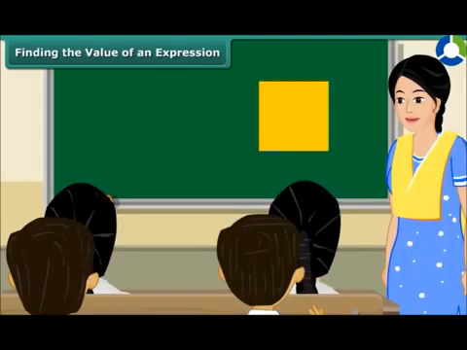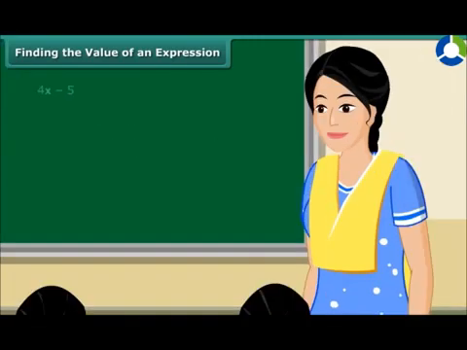See this square? It has an area equal to L square. If the value of L is equal to 4 centimeters, then what would be the area of this square? That's right, it would be 16 centimeters square. So children, there are a number of situations in which we need to find the value of an expression. Consider the expression 4x minus 5.